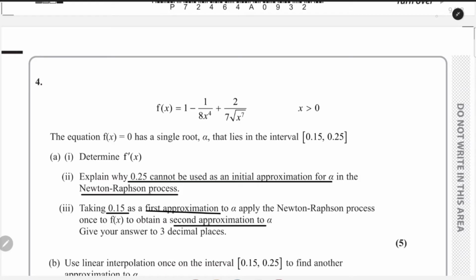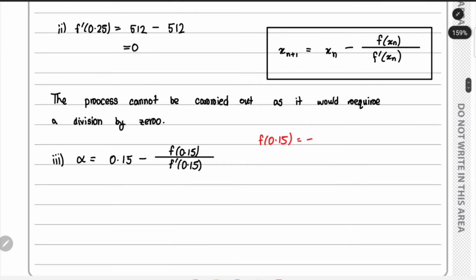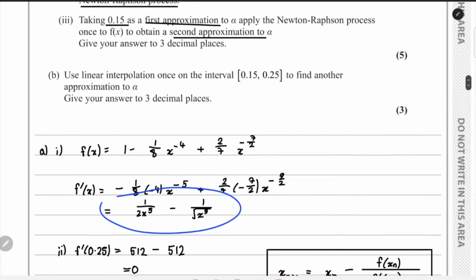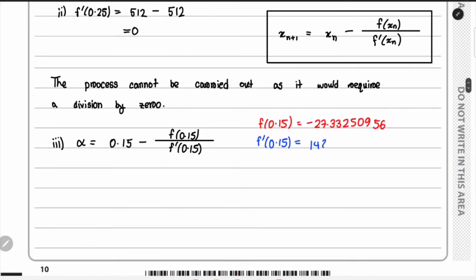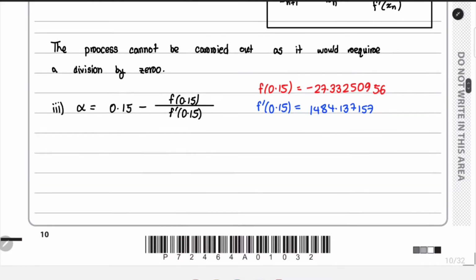This value comes out to be minus 27.33250956, and f prime 0.15 is basically placing 0.15 in this equation. If I calculate that, I'll get 1484.137157. Use as many decimal places as your calculator can go to.